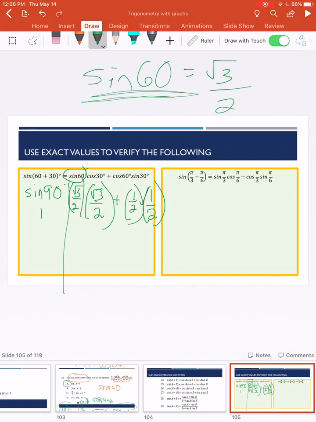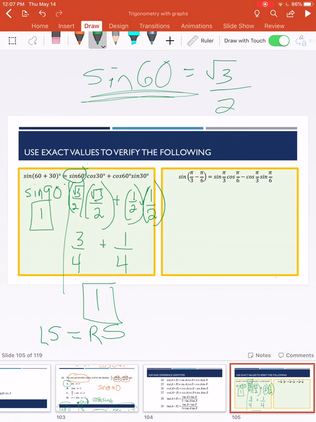Root 3 times root 3 is 3, right, because those square roots cancel out. 2 times 2 is 4, plus 1 times 1 is 1, 2 times 2 is 4. So I have 3 over 4 plus 1 over 4 gives me 4 over 4, which is just 1. So I've shown that the left side equals the right side. I've verified this equation.